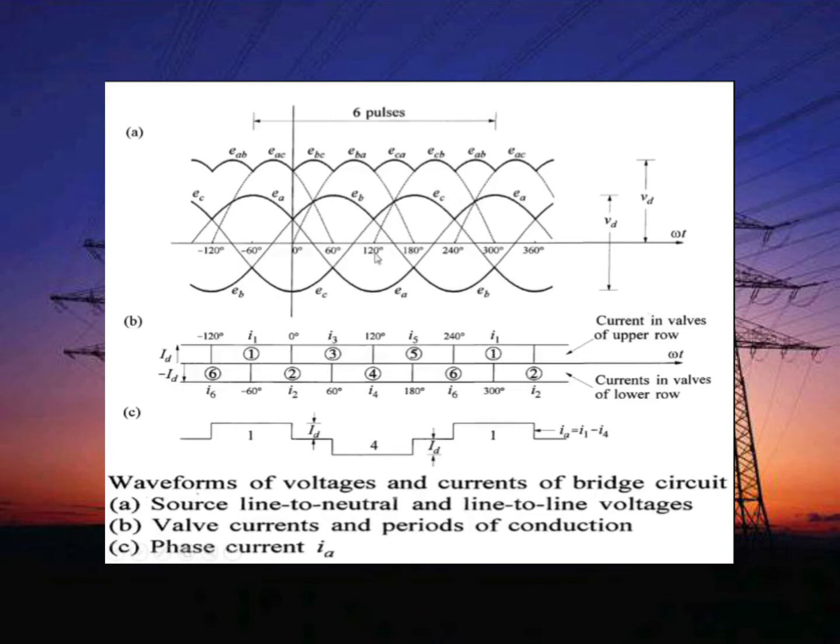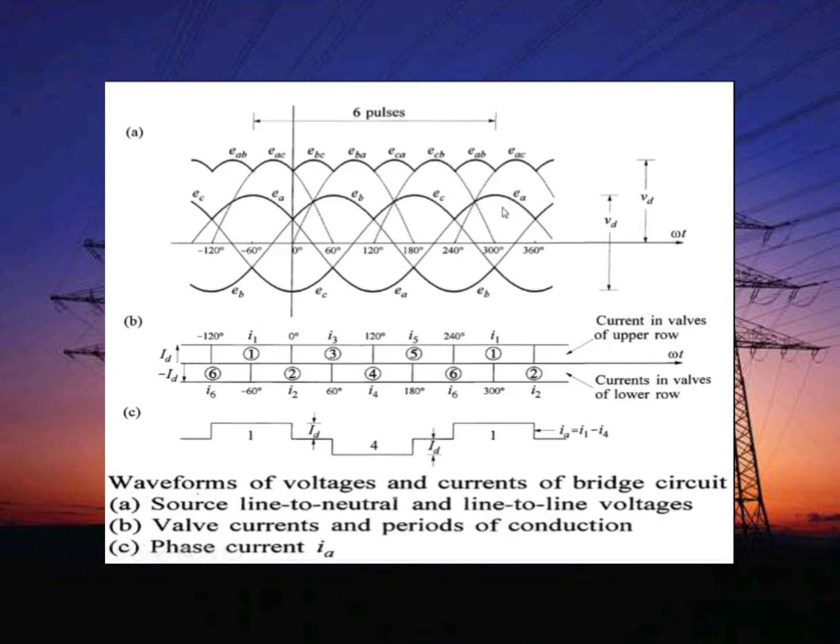Similarly, after 120 degrees, the voltage of phase C is more positive, so valve 5 starts conducting. Similarly, after 60 degrees, the voltage of phase A is more negative and therefore valve 4 starts conducting. Similarly, after 180 degrees, the voltage of phase B is more negative, so valve 6 starts conducting. So one cycle is completed and the sequence is continuously repeated.